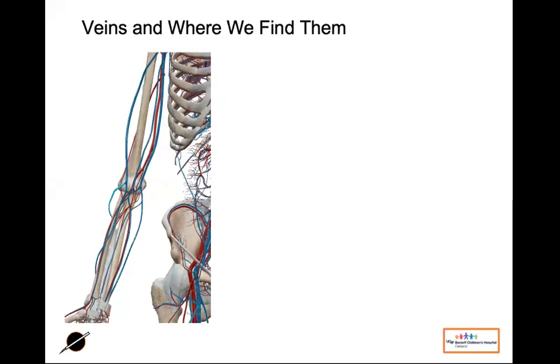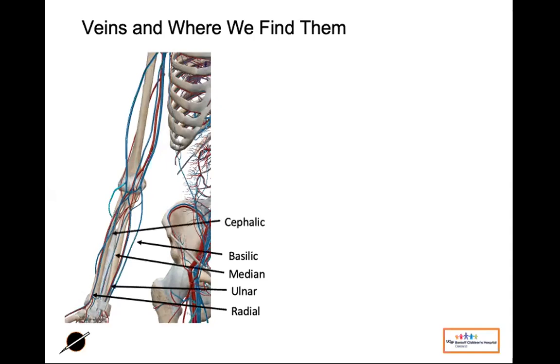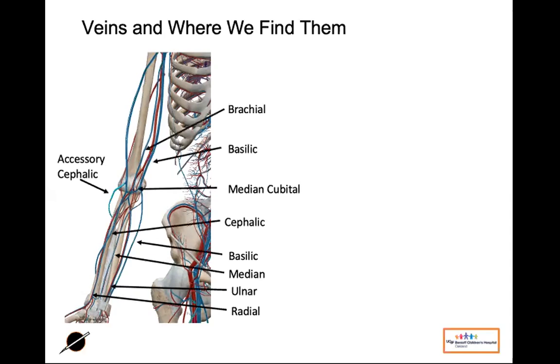But in this image, we can see the arm. I've gotten rid of the extra tissue to make it easily identifiable. So we're looking for our veins, and we're going to start at the wrist and work our way all the way up the arm. Radial, ulnar, median, the basilic, the cephalic, the median cubital, the accessory cephalic, the basilic in the upper arm, the brachial in the upper arm, and then the cephalic in the upper arm.